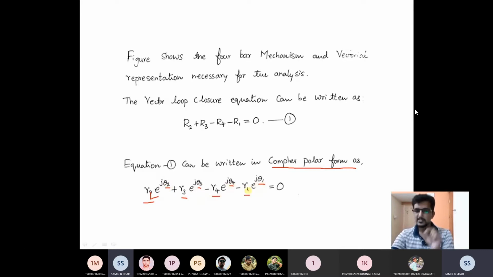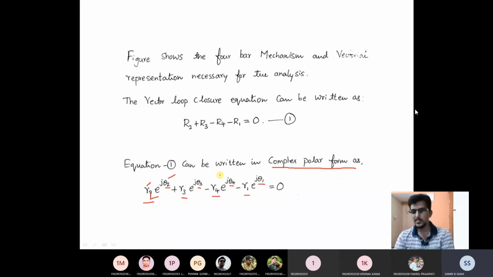The r1 represents the magnitude of link 1, the length of link 1. Theta 1 represents the angular position of link 1. So I have both the magnitude as well as direction for all the links represented in the form of a vector. R2 is a vector which has both magnitude, that is r2, and direction, that is theta 2. Direction here is nothing but the angular position.